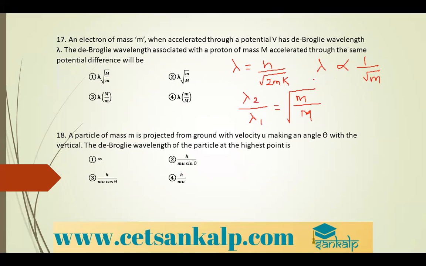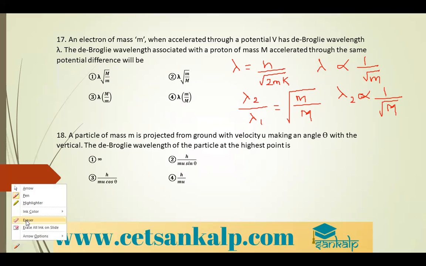So lambda 2 is proportional to 1 by root of capital M. Instead of taking lambda 1, I'm going to write it as lambda only.